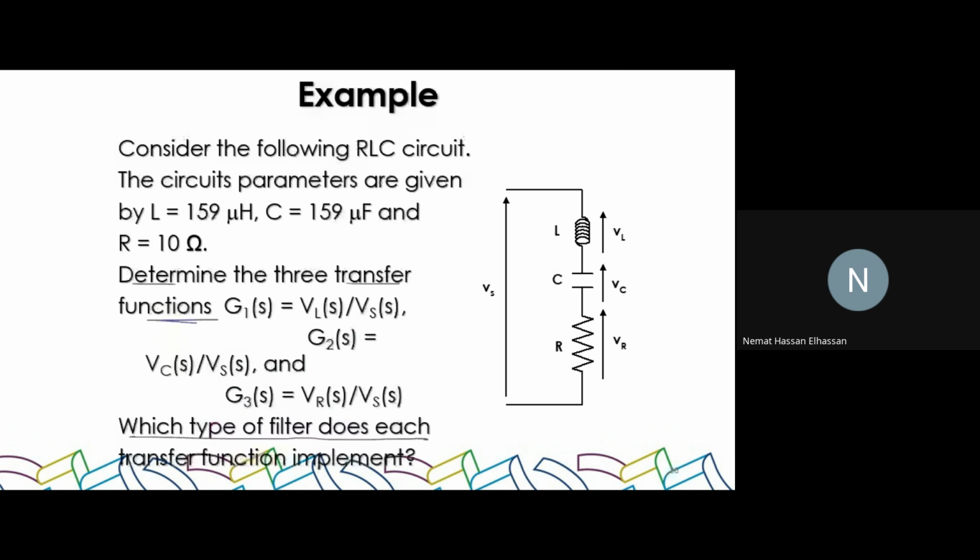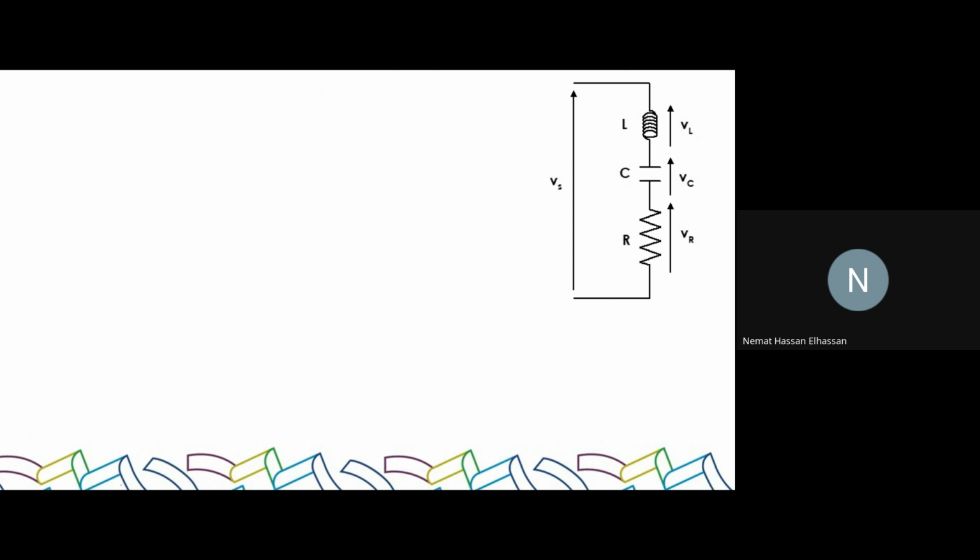So let's look at it. Let me just write the values. R is equal to 10 ohms. C is 159 microfarad. L is 159 microhenry. So what I want to do is find the transfer function H of s, which is VL over Vs, right?